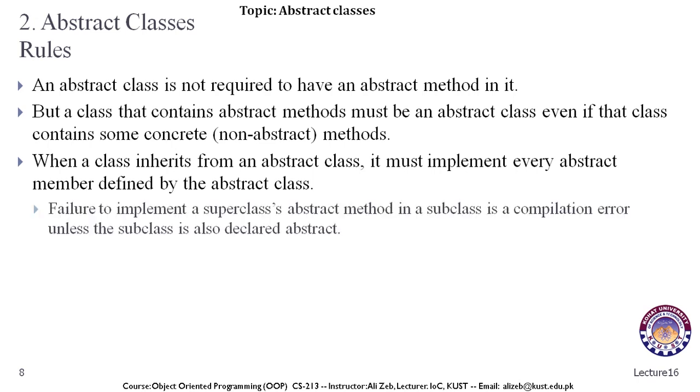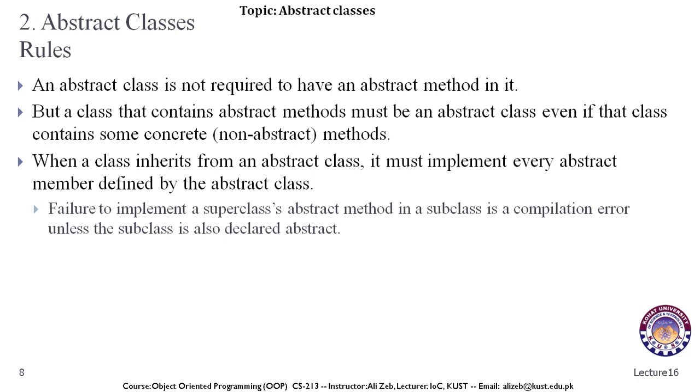Failure to implement a superclass's abstract method in a subclass is a compilation error unless the subclass is also declared as abstract. So we can do either of the two things.